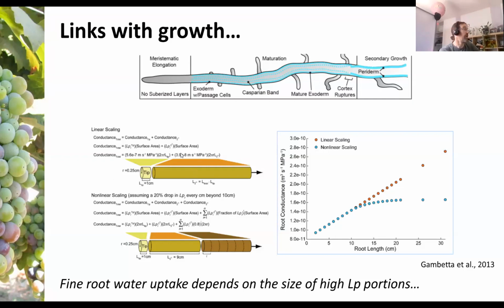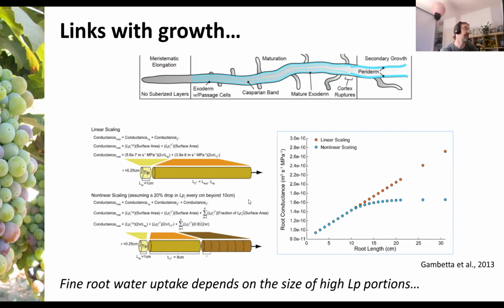We said, you have really high conductances in the unsuberized portions of the root tip that decrease as you go back. And we imagined different scenarios, in this thought experiment, where either the rest of the fine root remains conductive or it doesn't. If it seals, it's a nonlinear scaling, and the root at a certain length saturates, or it doesn't and just keeps being more and more conductive.